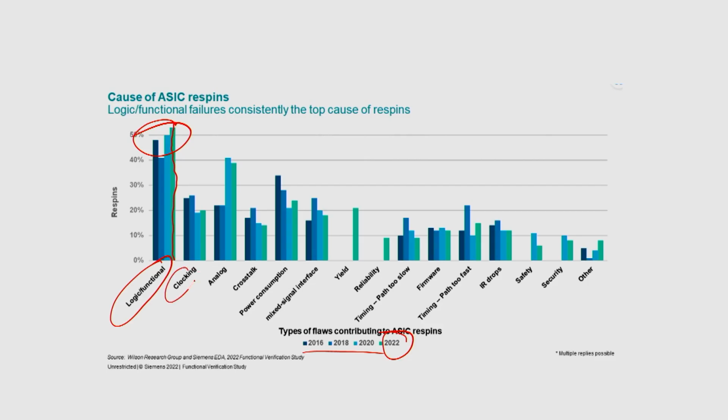It can also come from clocking, analog devices, crosstalk, power consumption, reliability, timing paths, so many, right? It can be safety, security, and so on. So this characterizes different kinds of bugs, right? And the bug that I want to highlight is the functional bug. It's an implementation mistake. Somebody has not implemented your system correctly, right?